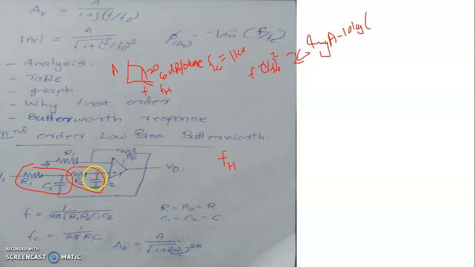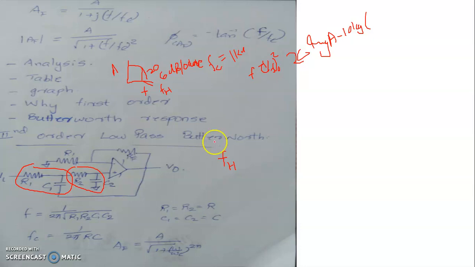And if the frequency of the input signal Vi exceeds the corner frequency of the second unit, it will be attenuated.